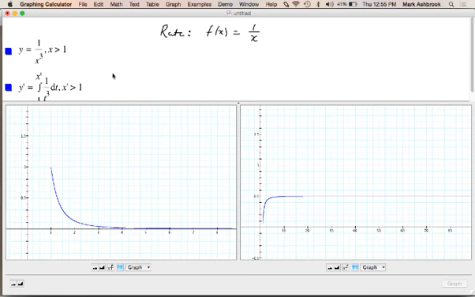What about if that's a rate function, what about our quantity? If we let x go on indefinitely, what about our quantity? What do you think?